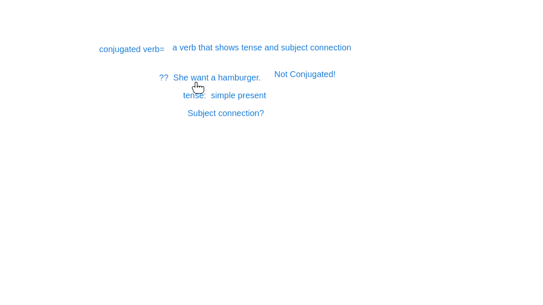It's not correctly matched in the sentence with the subject. Okay? So when I say conjugated, I'm talking about the tense and the spelling of the verb. I want you to think of how is this verb spelled? Okay? So let's do one more example.